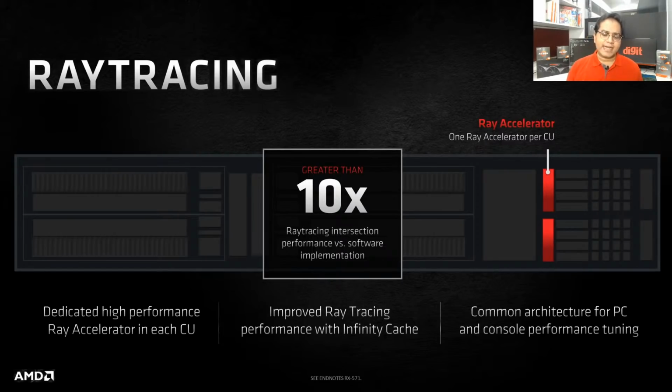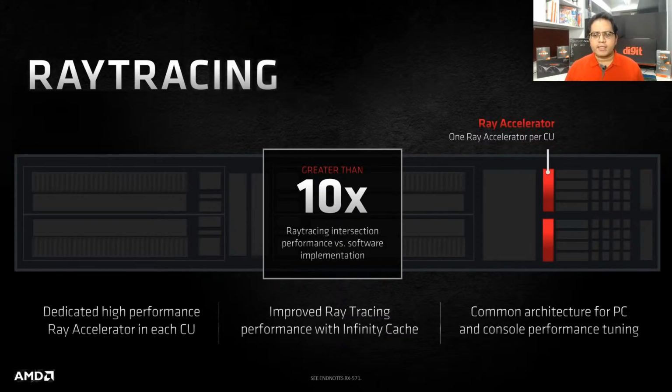This is a dedicated piece of hardware for accelerating ray tracing within video games and also content creation applications. And because the ray accelerator is present in each compute unit, the design becomes scalable. So if you add more compute units within a GPU, let's say you're moving on from the 6800 to the 6800 XT to the 6900 XT, you get more performance in ray tracing.